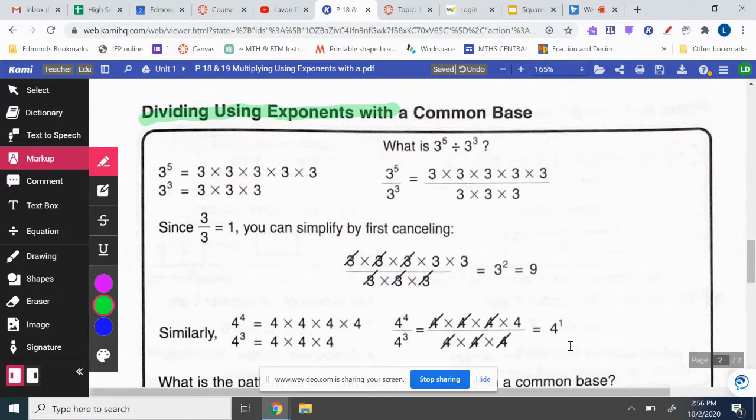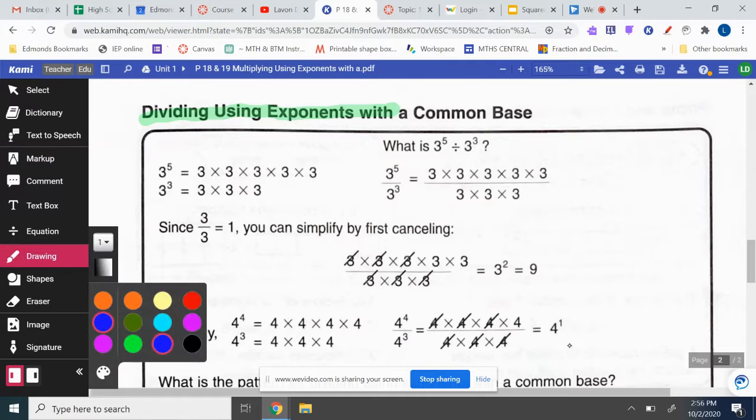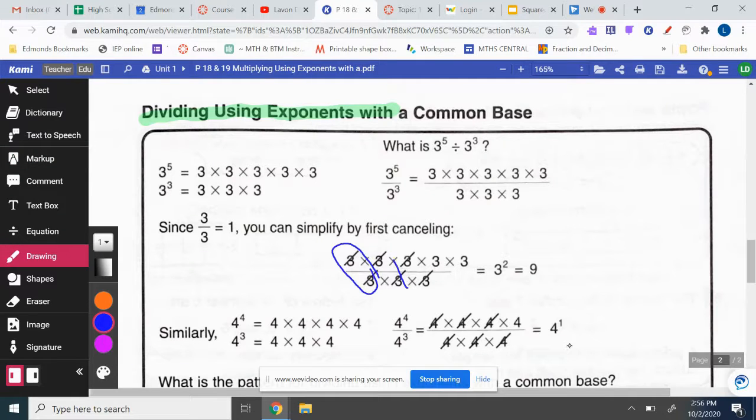They show us 3 to the 5 over 3 to the third, and they cross them out. So what they're showing you, and it might not be very clear, is that this is 3 over 3 times 3 over 3 times 3 over 3. Since 3 over 3 equals 1, you can simplify it by canceling it.